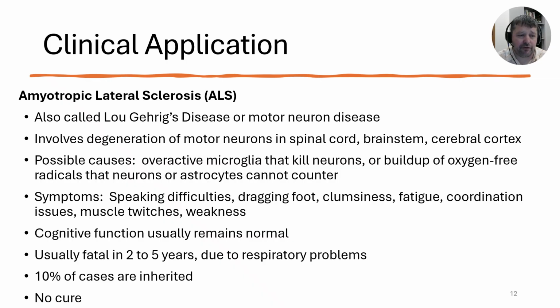There's some medicine that might extend the life of the individual out towards more than that 5-year mark. Lou Gehrig died, I think at 37. I think he was diagnosed at 35 and died at 37, so about that 2-year mark. And that was a long time ago.